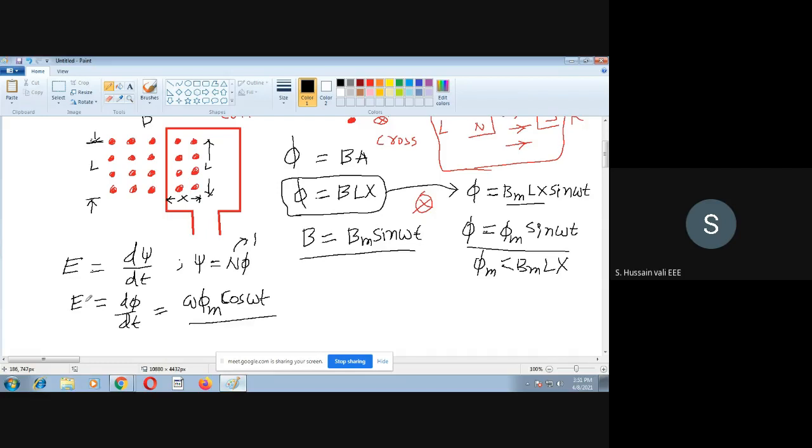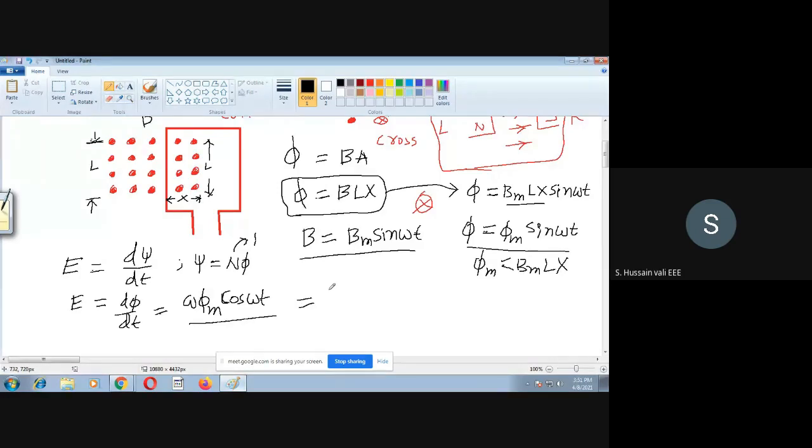It becomes phi m sin omega t. When we do this entire simplification, we got this answer, the EMF equation. Now I can write this EMF equation further.